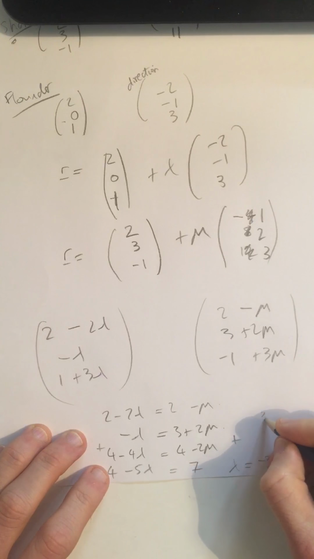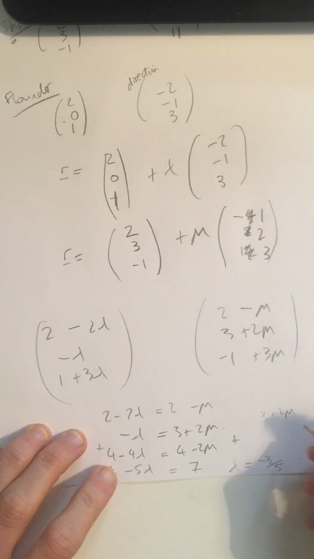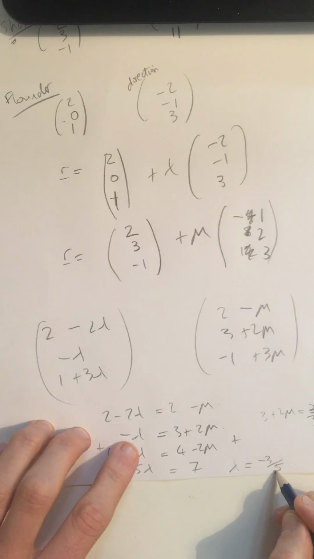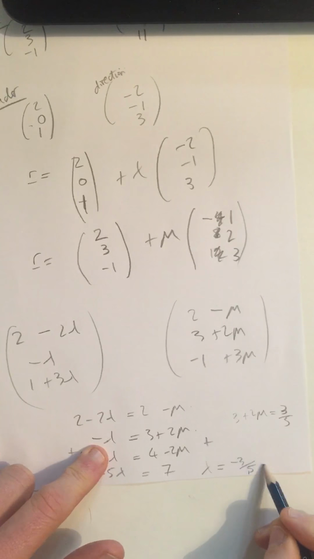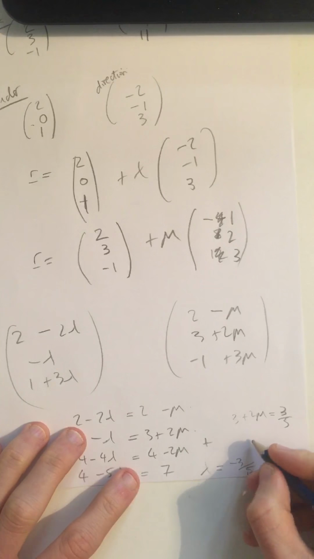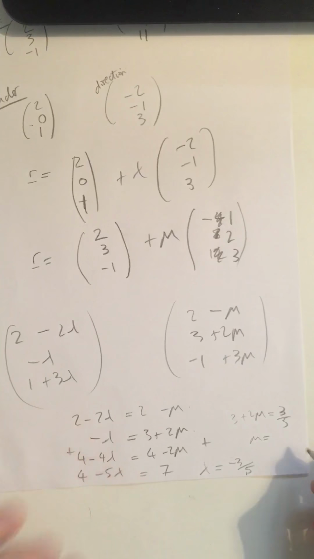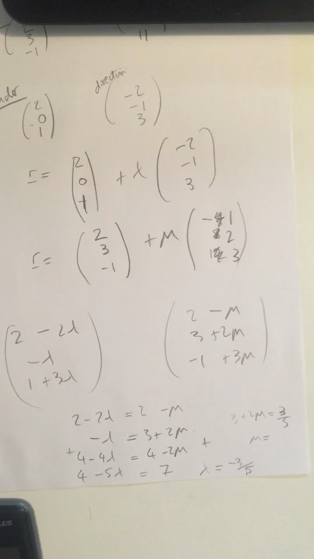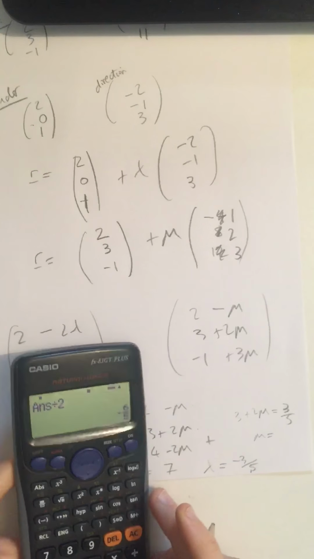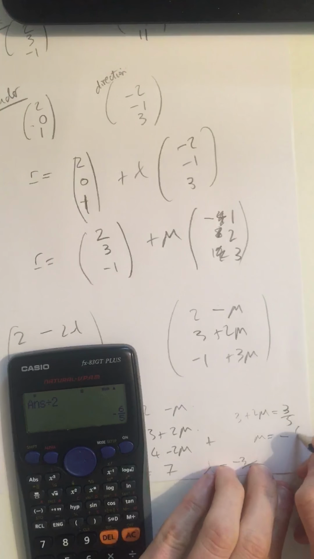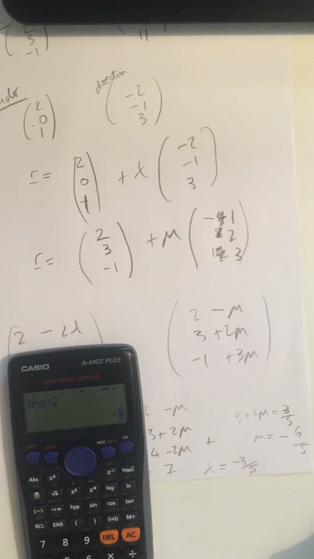So we would get 3 plus 2 mu equals 3/5. Substituting that in here, it's become a plus 3/5. Therefore, mu would have to equal 3/5 take away 3, divided by 2. Mu would have to equal minus 6/5.